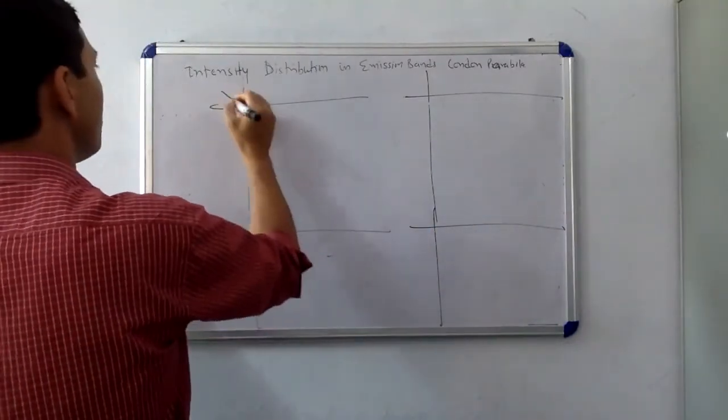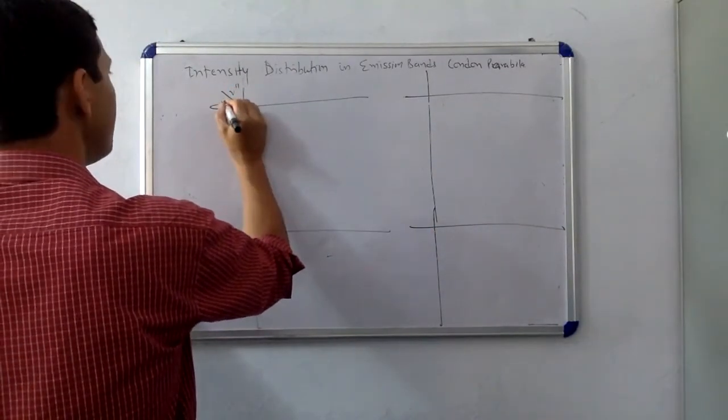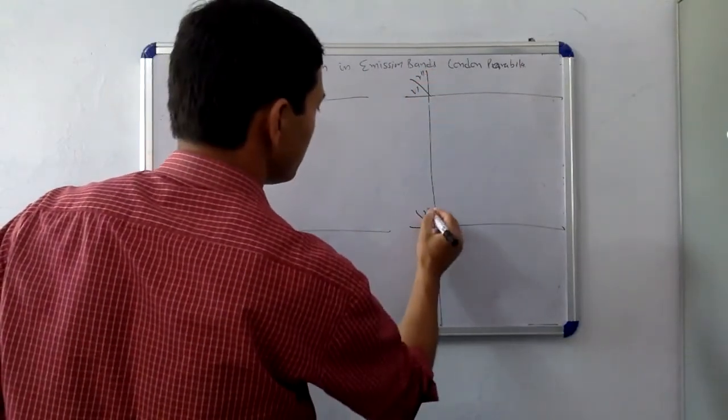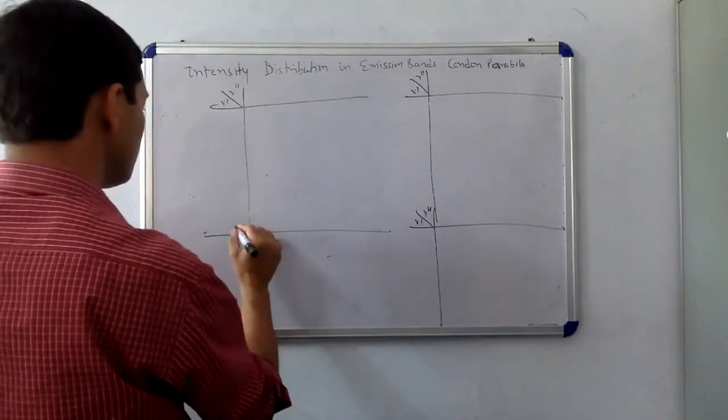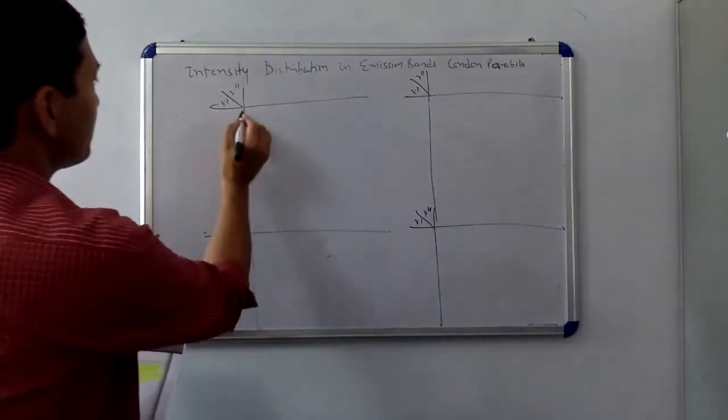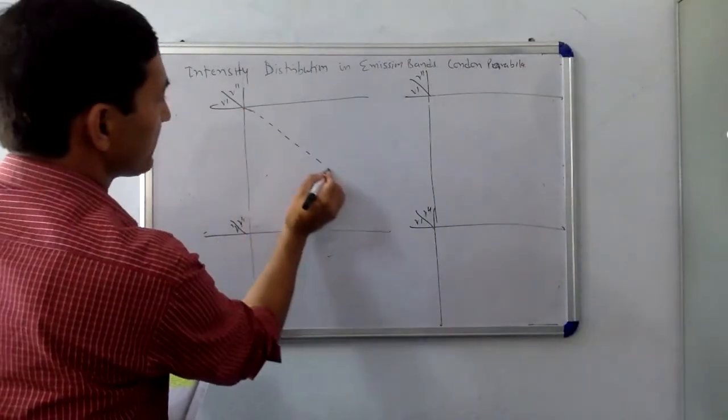So again this is nu double prime, nu prime. This is the Deslandres diagonal.